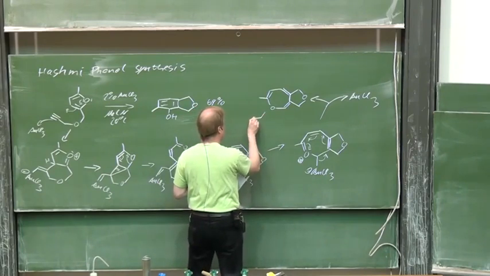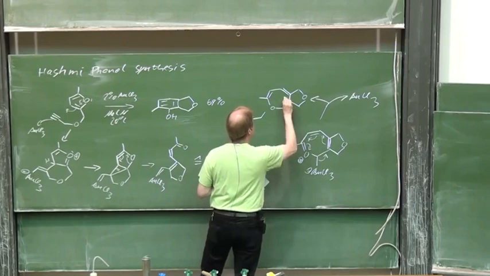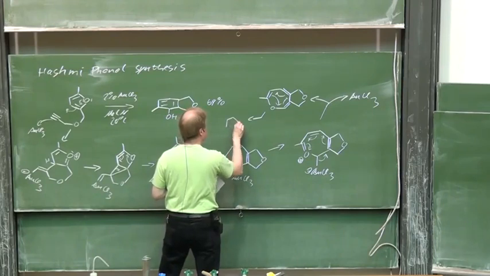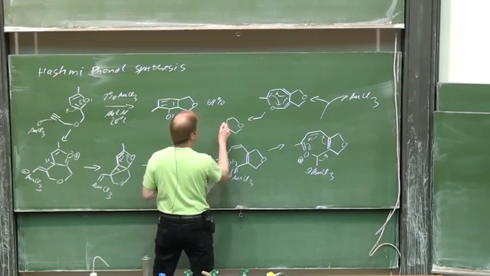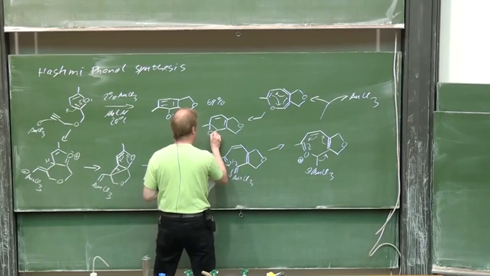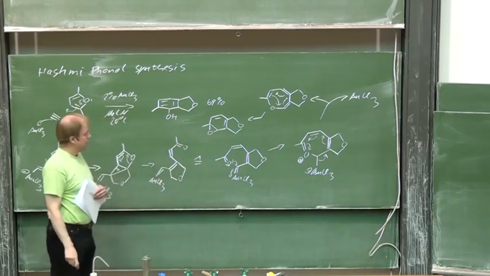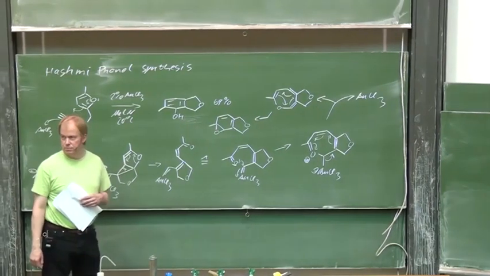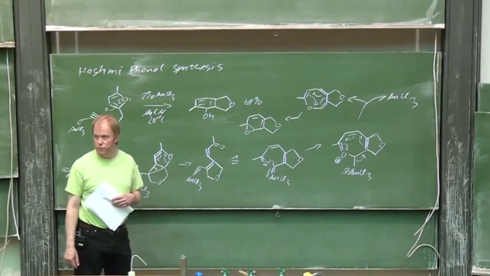So, an electrocyclization will occur, forming the 6-membered carbocycle, which is essentially an epoxidized benzene ring system. Well, and this of course easily opens up by acid catalysis.